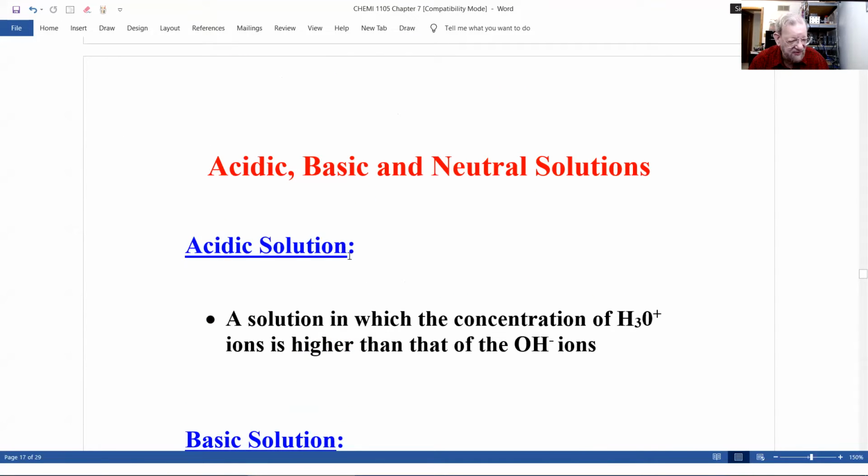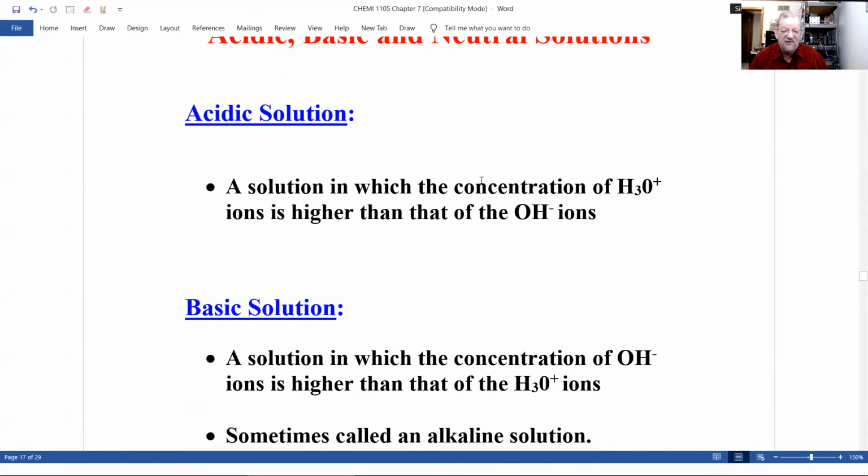Now, this is quite important, so let me go through this again. An acidic solution is a solution in which the concentration of the hydronium ion is greater than the hydroxide. And that's what this means, using the math symbol greater than.